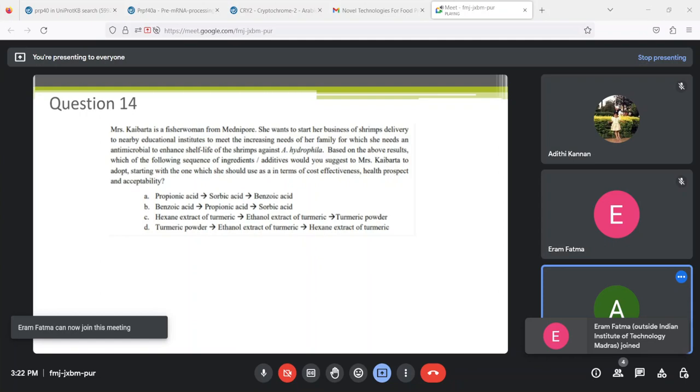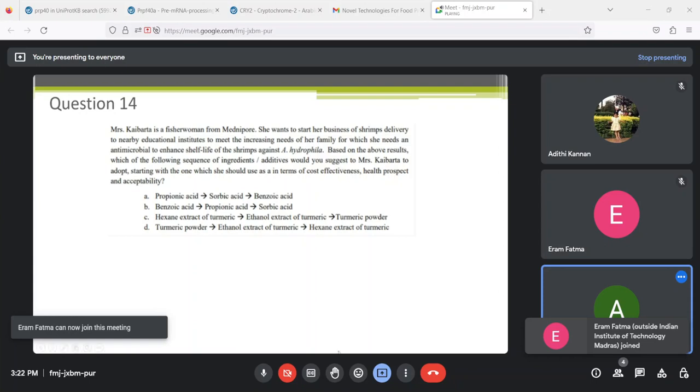For this particular question you need to take into account the answers that you obtained from the previous question as well. In this case she wants to use an antimicrobial against A. hydrophila, and since she's a fisherwoman and needs a much more cost effective antimicrobial, we need to figure out the preferred ingredients based on their cost effectiveness, their health prospect as well as their acceptability.